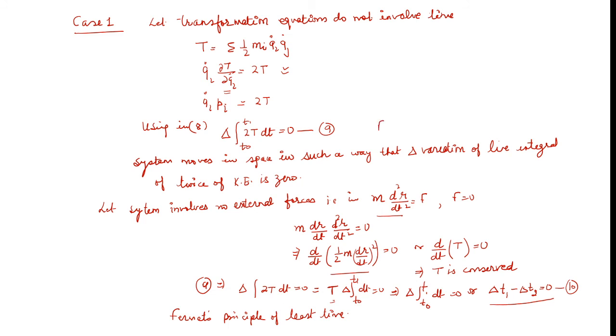Now I may consider another case, where again the transformation equations do not involve time. The earlier one was form 1, this is form 2, and now form 3 with the same condition. I know that T may be written as sigma half mi qi dot qj dot.